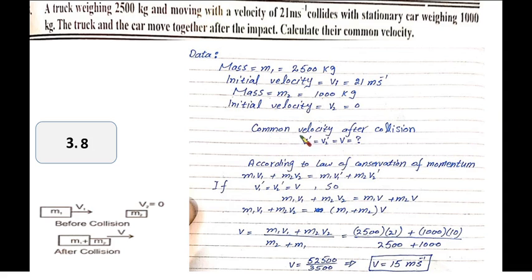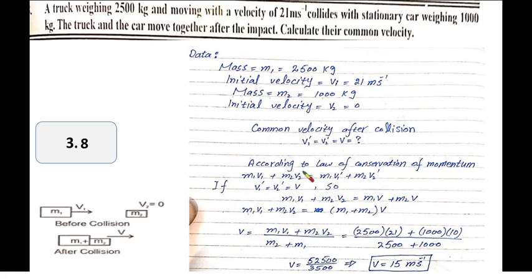We want to find common velocity after collision, and why we write v1 prime is equal to v2 prime. Both car and truck have same velocities, because after collision we know that according to question they move together after that impact, so their velocity is common here.